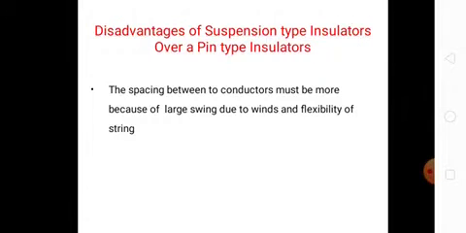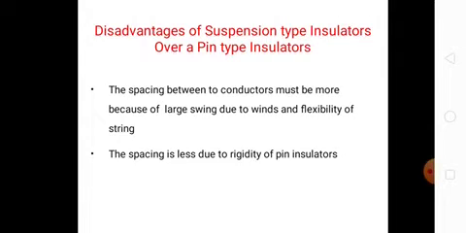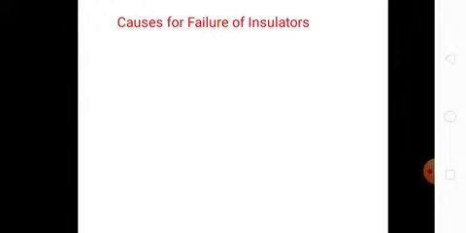The spacing between the conductors must be more because of the large swing due to winds and the flexibility of the string. The spacing is less in pin type insulators due to their rigidity.